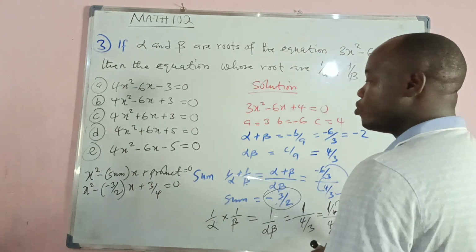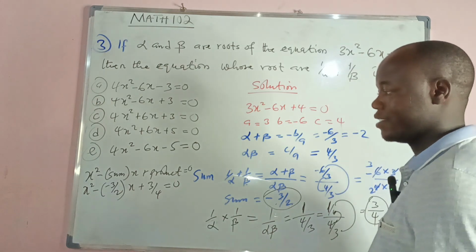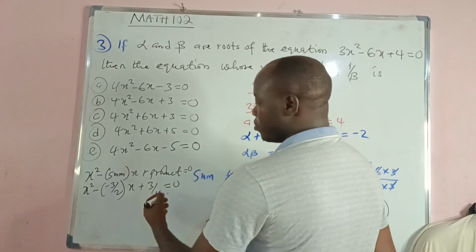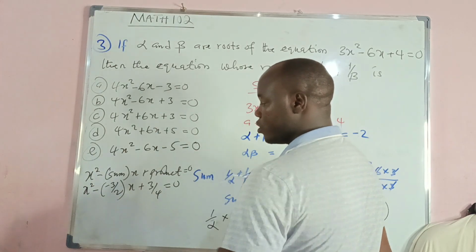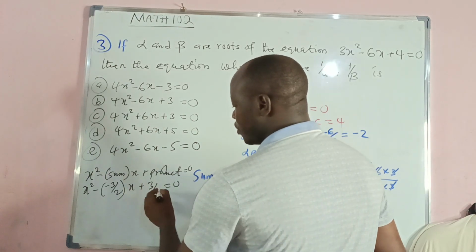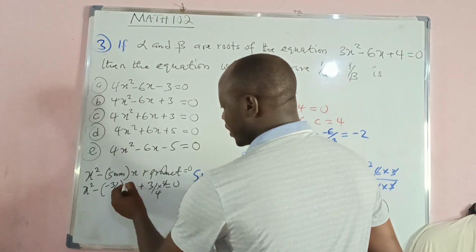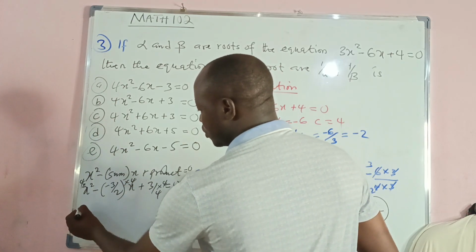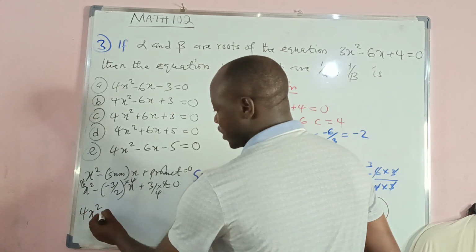What are we going to do next is to normalize. And how do you normalize? This is 4, so we can multiply the equation by 4 to remove this fraction. Then also by 4. So at the end, this will give us 4x squared.